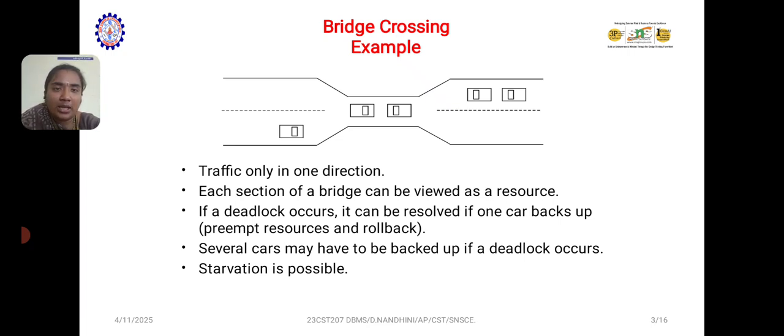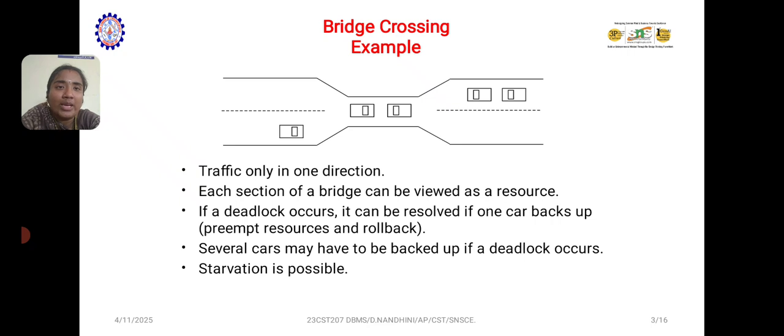For example, we are showing a bridge crossing example. We can imagine it as an image. At the narrow end only 2 cars are going. On the right side there are 2 cars coming, and on the left side there is 1 car coming. This situation is a deadlock situation, because the 2 cars in the center narrow part must come out first. If other cars come before that, a deadlock will occur.